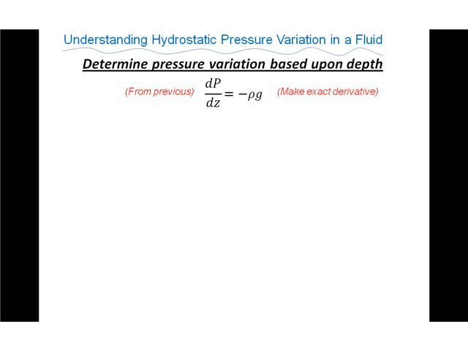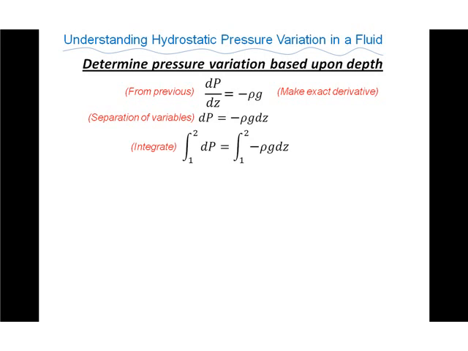So from previous, we've said that if you have a partial derivative, and it's now defined that it only depends on one variable, and right now it only depends on z, we can now change that to an ordinary derivative. If we separate the variables and then integrate, we get the integral from 1 to 2 of the differential pressure is equal to the integral from 1 to 2 of negative density times gravity times dz.